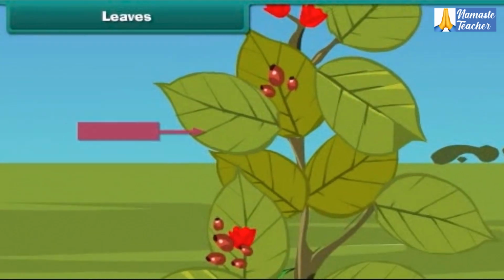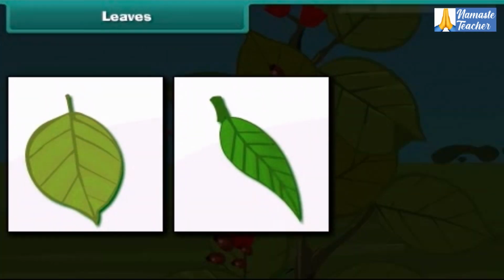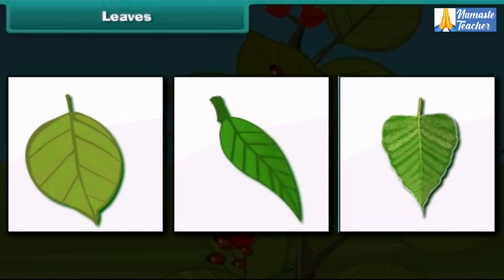Next part of the plant is leaf. It is the green part of the plant that is borne on the stem. They are of different shapes. Some are round, some are long, and some are triangular. The outer edge of a leaf is known as margin, and their margins are also different, like their shapes.